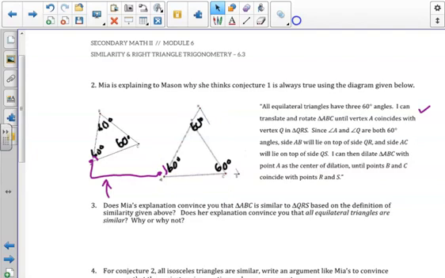So A is lying on top of Q, and then we do notice that point B from our original triangle, which is here, will end up on side QR. So side AB will lie on top of QR. Side AC, notice, lies right on top of side QS.